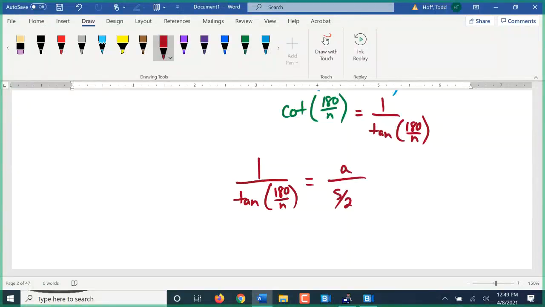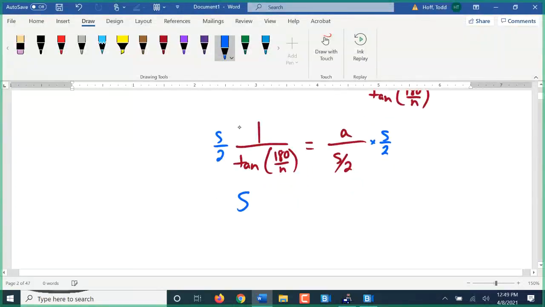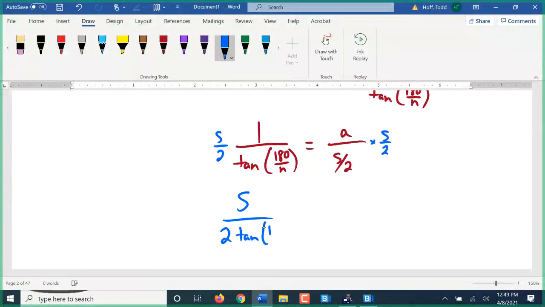We're going to solve for a here by multiplying both sides by the side over 2. So this equals s times 1 is s, over 2 times the tangent of 180 over n. That equals our apothem.